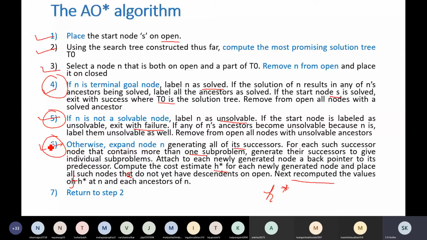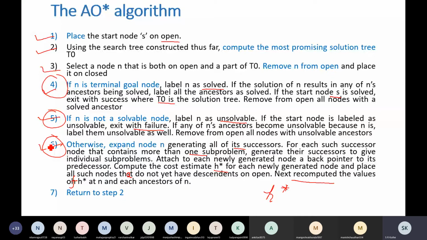Then recompute the cost, because cost may change. We have seen how cost calculation is performed, and return to step 2. You have to repeat this until S becomes solved or S becomes unsolved. If S is unsolved, that means no solution exists, and the algorithm will return failure. So this is how this AO star algorithm works.